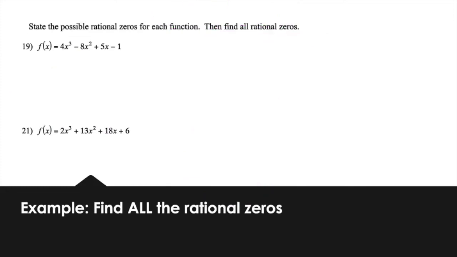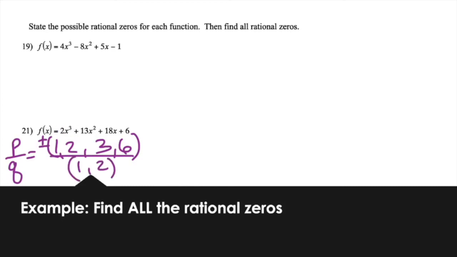Number 21, we need to do our P over Q to find our possibilities. 6 is the first one. It's the P. And 6 has 1, 2, 3, and 6, and all the plus and minuses of those. And 2 has 1 and 2, and the plus and minuses of those.